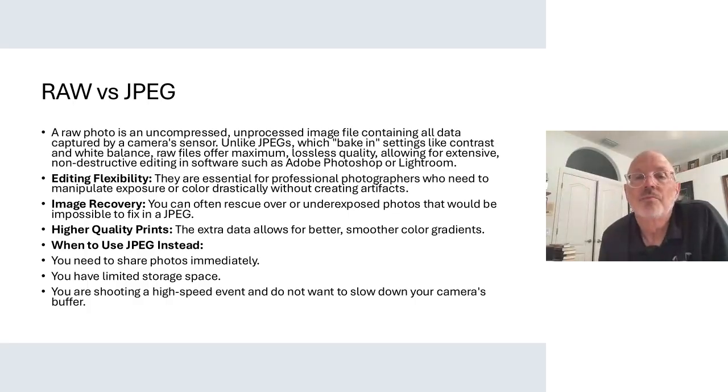Okay. So editing flexibility, they're essential for professional photographers who need to manipulate exposure or color drastically without creating artifacts. Image recovery, you can often rescue underexposed photos that would be impossible to fix in a JPEG. Okay. They're higher quality prints.